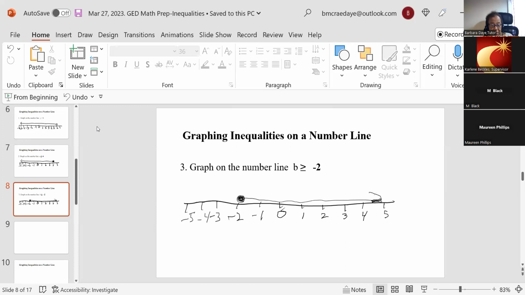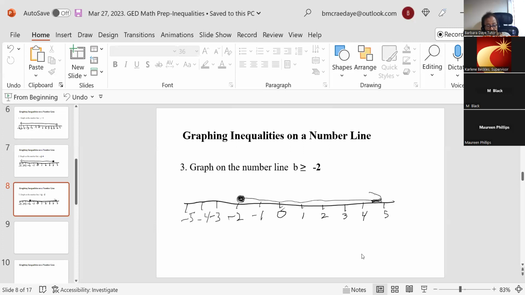Anything that follows the -2 on the left, those are less than. See, a -3 is less than a -2. A -5 is less than a -2. Remember, on the number line, the farther away you get from 0 on the left, the smaller your number is. On the right side, the farther away you get, the bigger your number is.